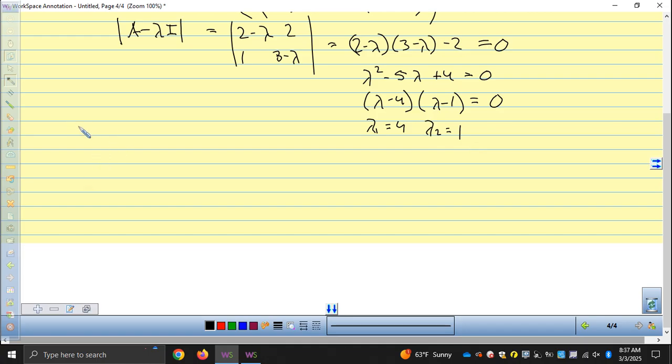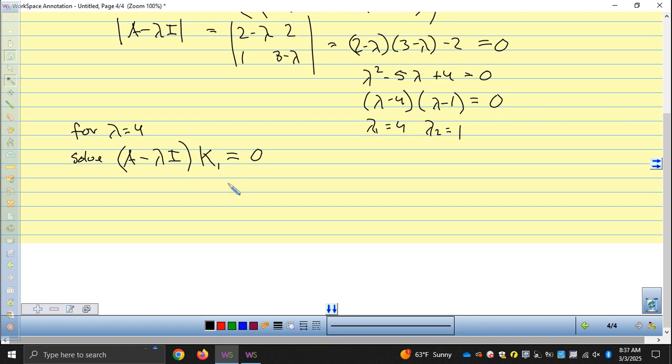So for lambda equals 4, we need to find the eigenvector associated with lambda equals 4. So for lambda equals 4, we need to solve A minus lambda I times k, I'm going to say k1, equals 0.